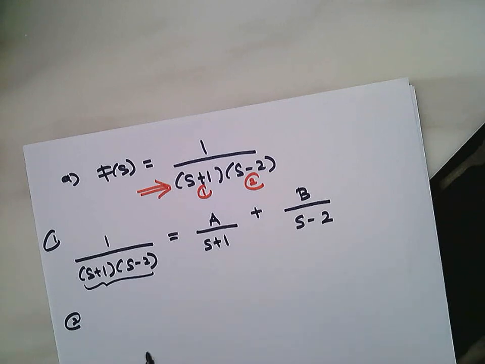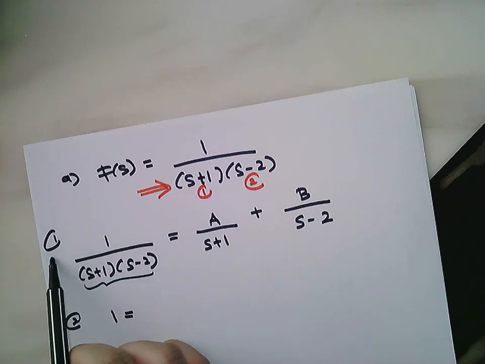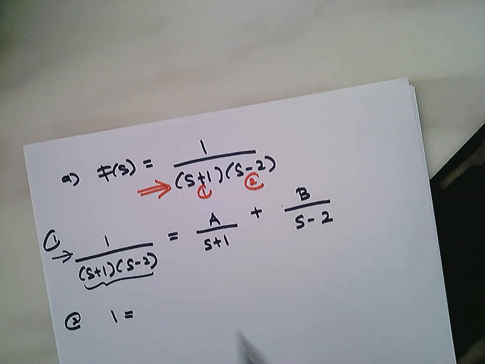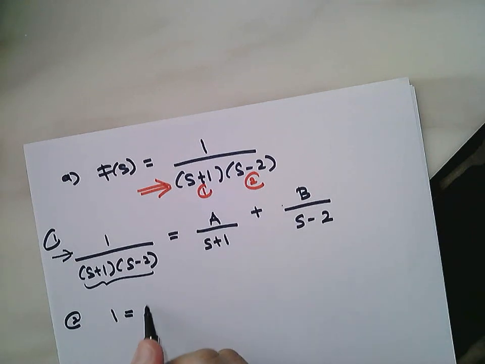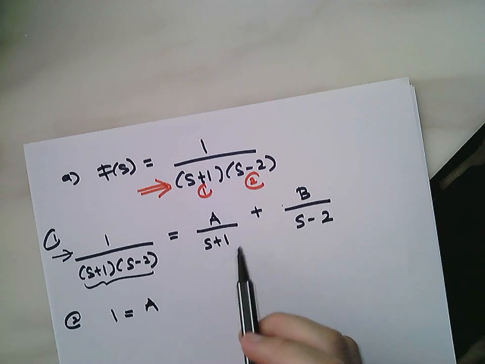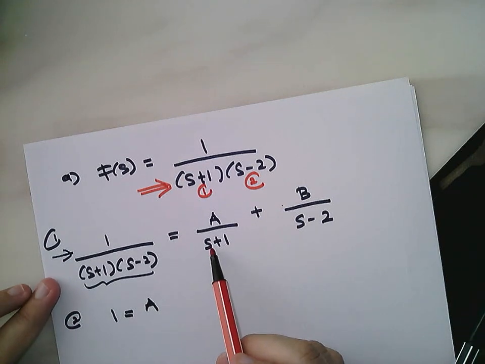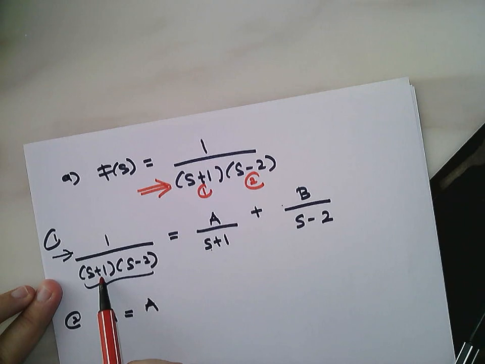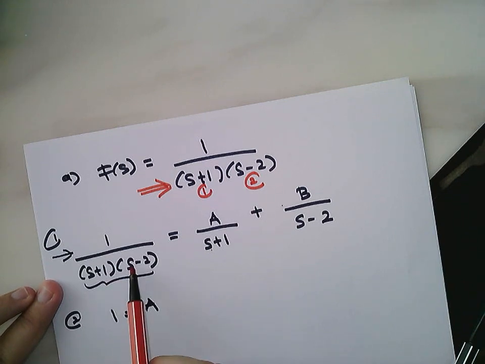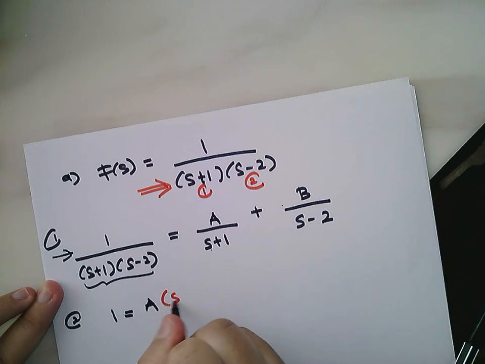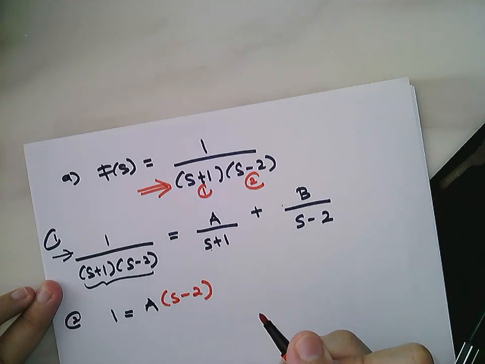So 1 is equal to, we just consider the numerator part because you want to find the value of A and B. So for the first function here, you compare the denominator part. This is s plus 1, this is s plus 1, so what is missing? s minus 2. That's why you need to multiply by s minus 2.